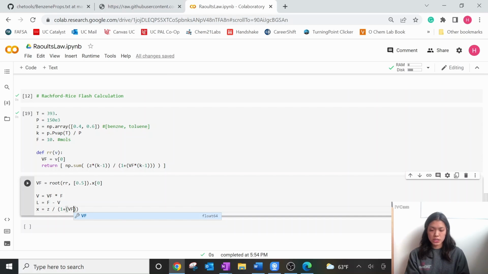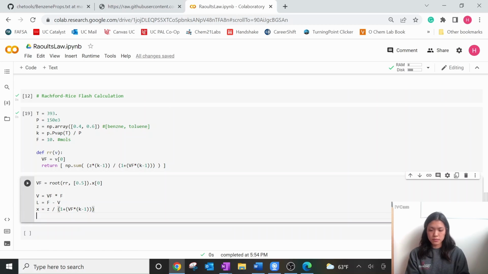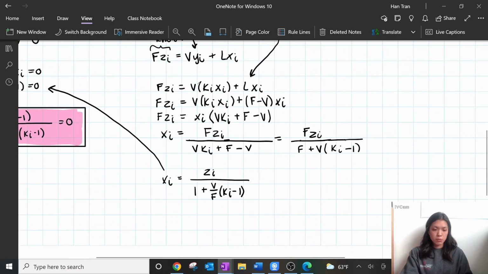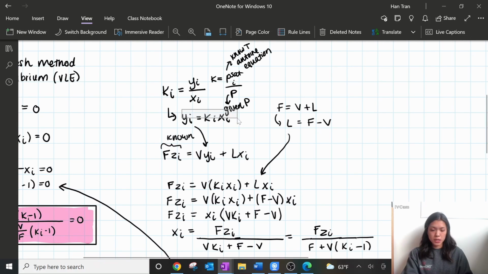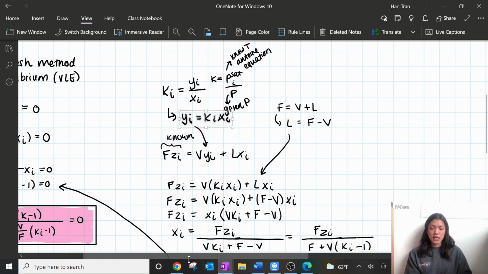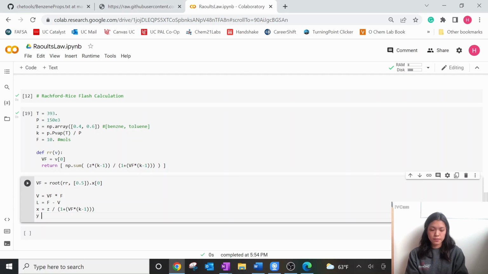So feed mole fraction divided by the quantity of 1 plus the quantity of the vapor feed ratio times the quantity of the mole fraction ratio minus 1. And then lastly, we have our vapor mole fraction, which is up here, and it is just the mole fraction ratio times the liquid mole fraction.